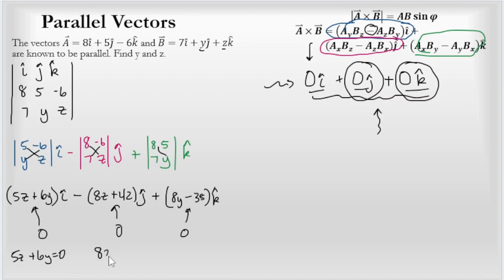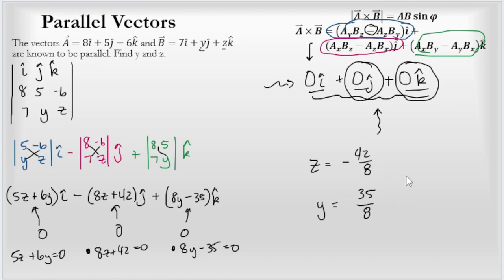This gives us 8Z plus 42 equals 0 and 8Y minus 35 equals 0. So from this equation I can solve for Z, and from this equation I can solve for Y. So Z will equal negative 42 over 8, and Y equals 35 over 8.